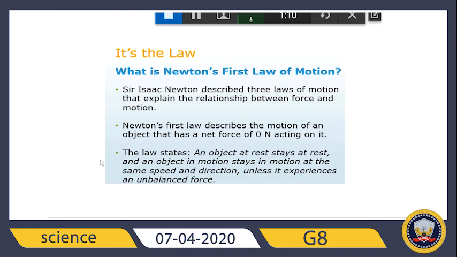The first law states that an object at rest stays at rest, and an object in motion stays in motion at the same speed and direction, without any change in speed and direction, unless it experiences an unbalanced force. And we may remember that unbalanced force means that the forces that act on this object are not equal.